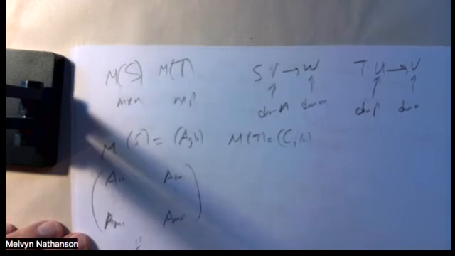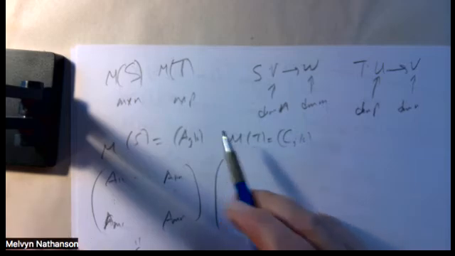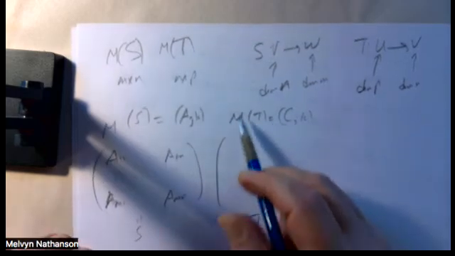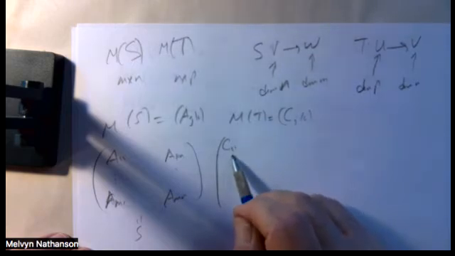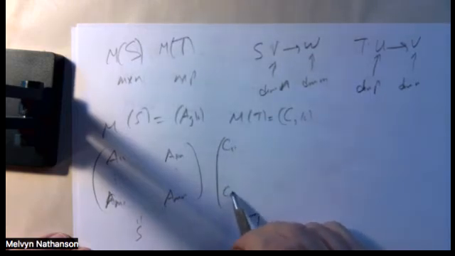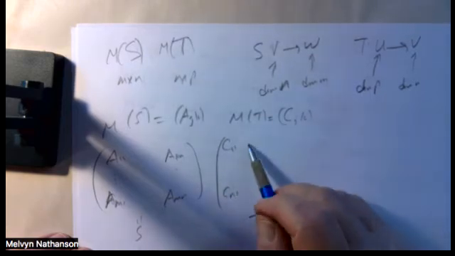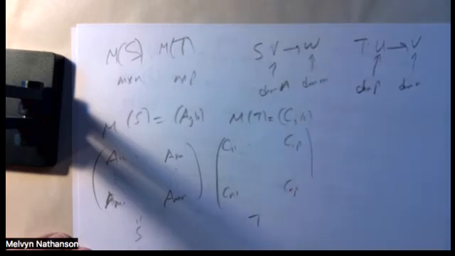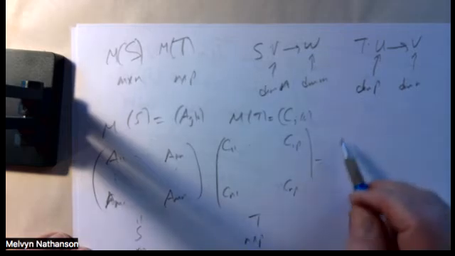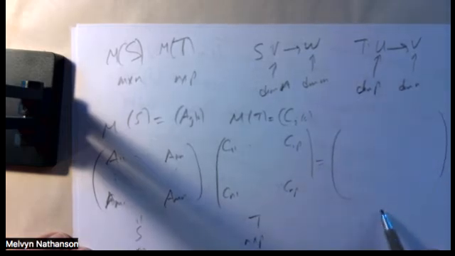This is the matrix S. And the matrix T has N rows, with elements C11 down to CN1, and P columns. This is M by N, this is N by P, and I want to multiply them and get a matrix ST, which has M by P dimension.